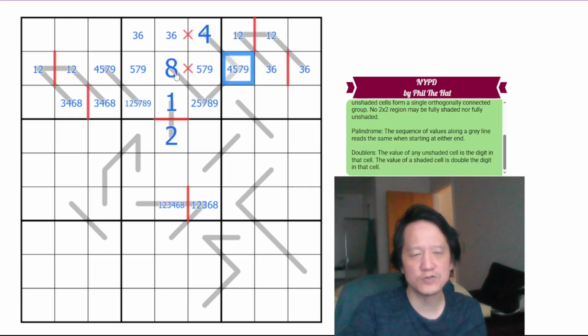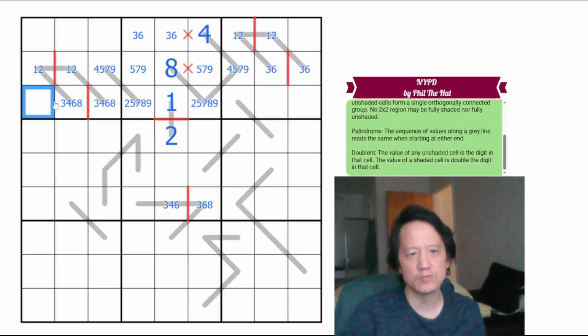So one of these is 4, and it would have to be with 2. That seems fine. This can't be a 1, 2 pair then. This can't be 8. So it's 3, 6, or it's 4 and 8 here. That's possible. So one of these is 2 with a 4 here on the outside. 3 and 6 would both have to be here, because one of these would have to be 3 or 6.